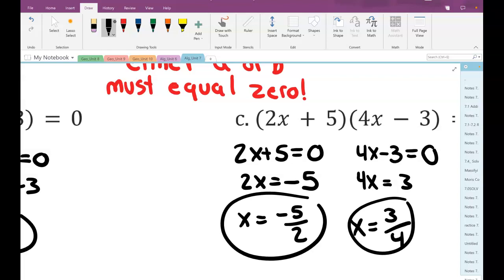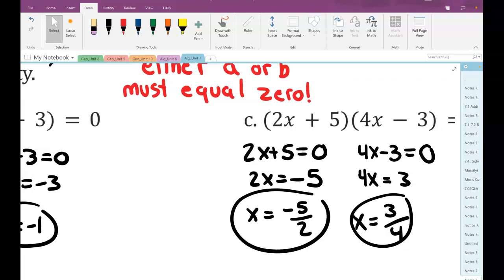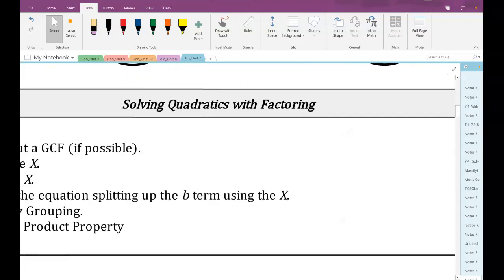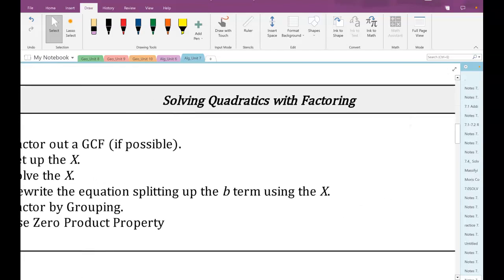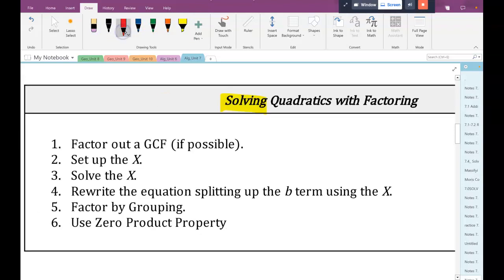So using the zero product property is another step that will add to the whole factoring we did the last 2 days. And the key word here is that now instead of just factoring, we're solving. So steps 1 through 5 are what we went over the last 2 days. Step 6 is using the zero product property.